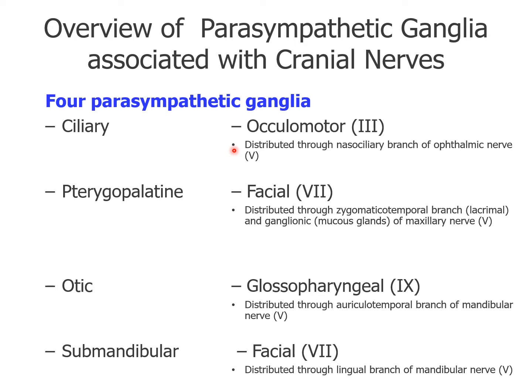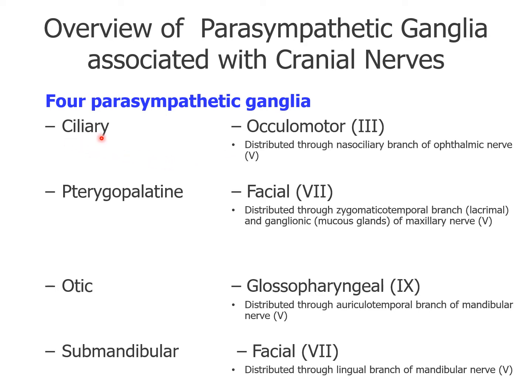Remember, only the parasympathetic nerve fibers synapse in these ganglia, and the postganglionic fibers are distributed through branches of other nerves which are specific to each ganglion, and we can look at these individually.